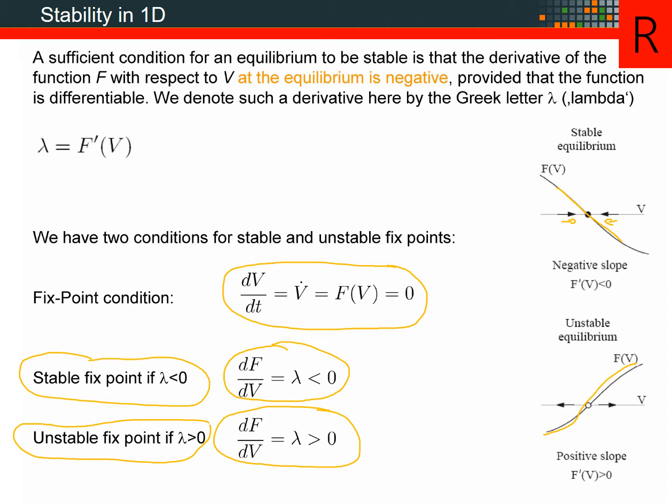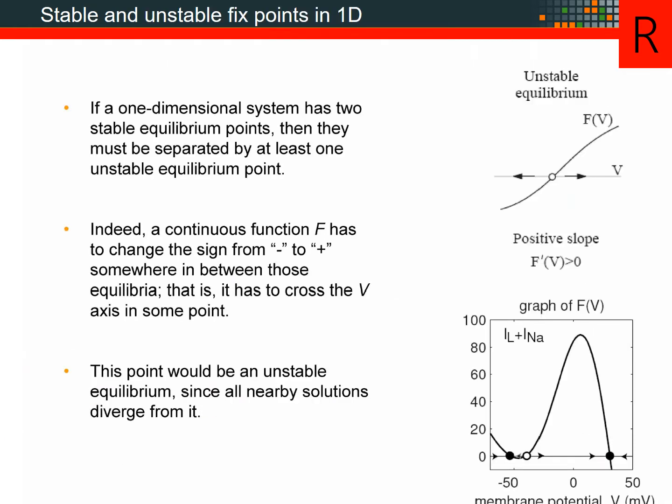So in that sense, determining a stable or unstable fixed point in a one-dimensional system is easy. We identified a few necessary conditions based on that.